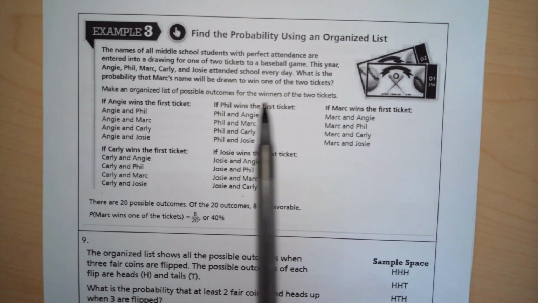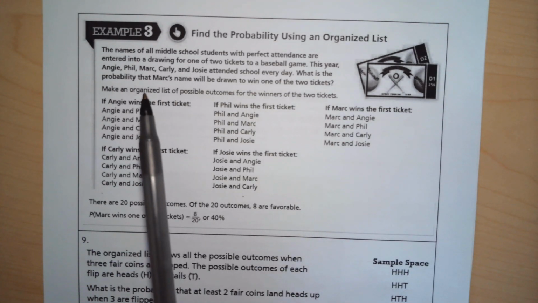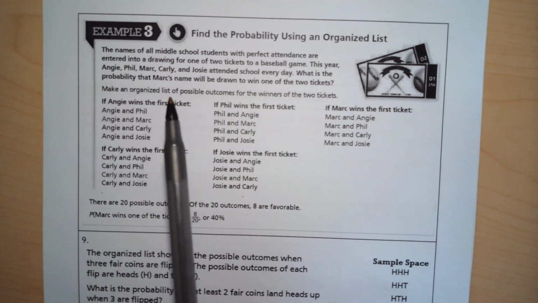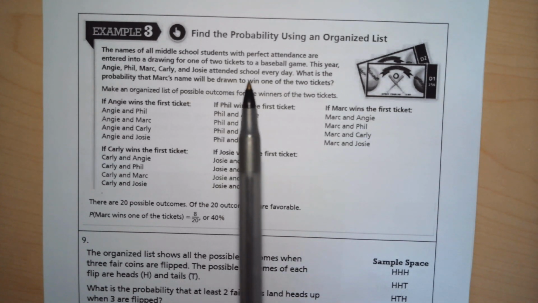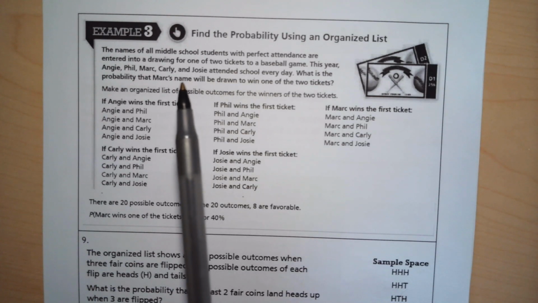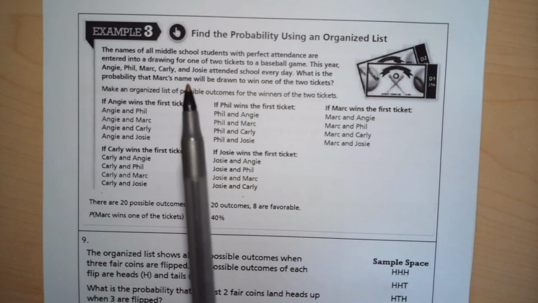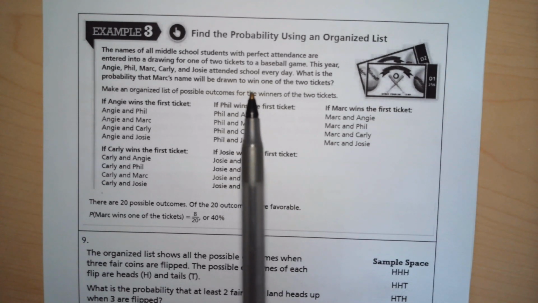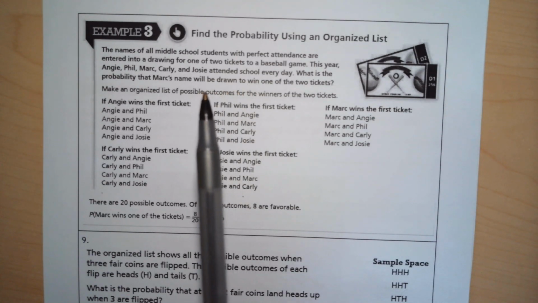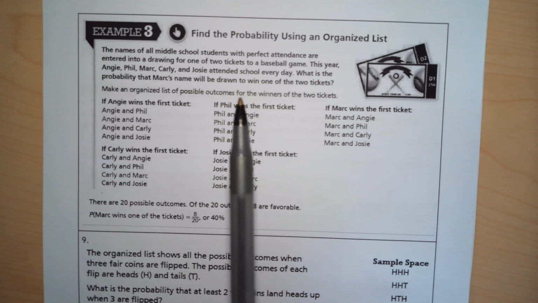It says finding probabilities using an organized list. The names of all middle school students with perfect attendance are entered into a drawing for one of two tickets to a baseball game. This year, Angie, Phil, Mark, Carly, and Josie attended school every day. What is the probability that Mark's name will be drawn to win one of the two tickets?